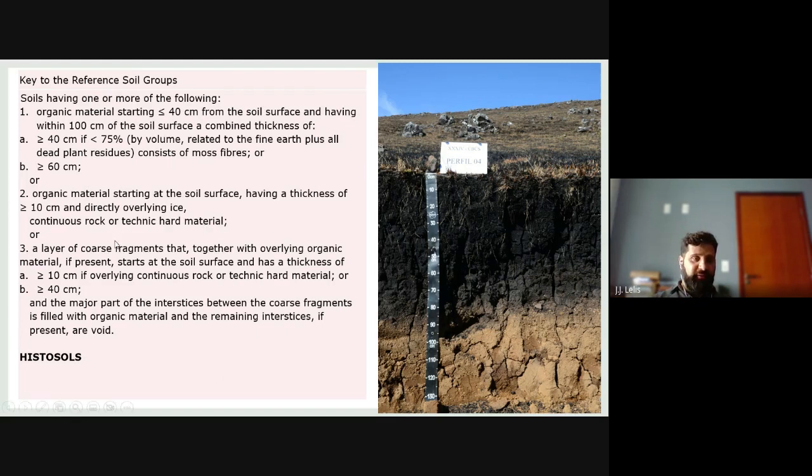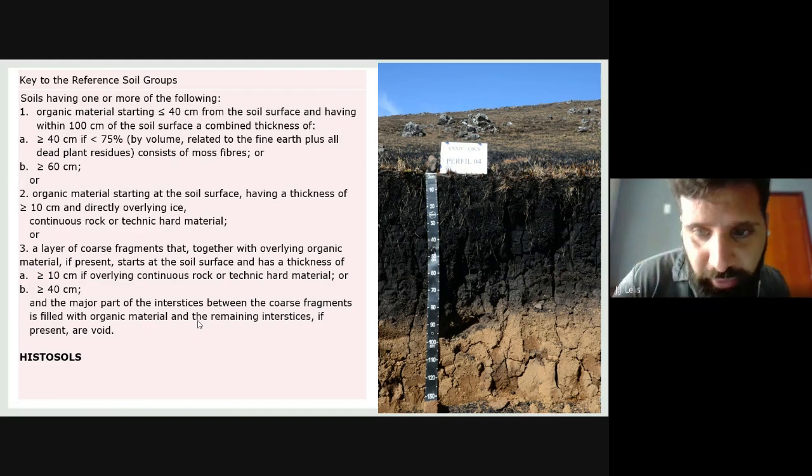The values of the thickness are here. You do not need to remember all these details, they are just details. You just need to remember that to identify a histosol, I really need a thick organic layer or a thick organic horizon. So in the field, if I find a thick organic horizon, I need to check how many centimeters this horizon should have to identify a histosol.